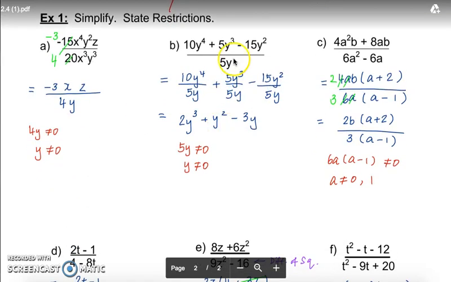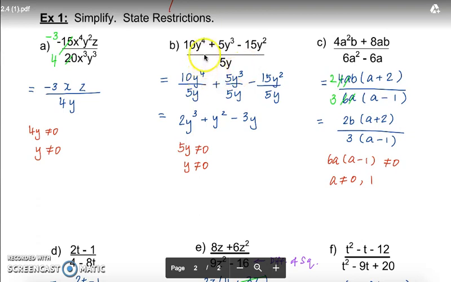Question B. You have a trinomial divided by a monomial. This can be looked at in many different ways, but I'm going to write 5y, since it's a common denominator, back as the denominator of every single term in this polynomial.